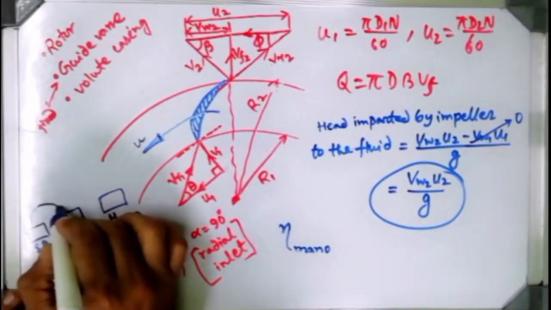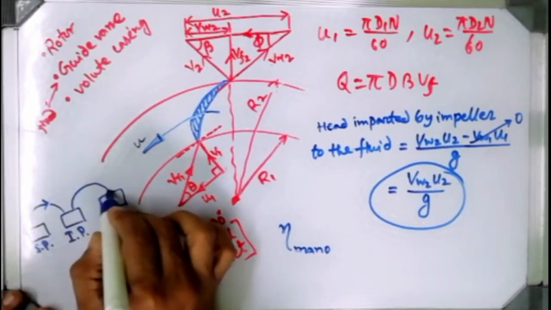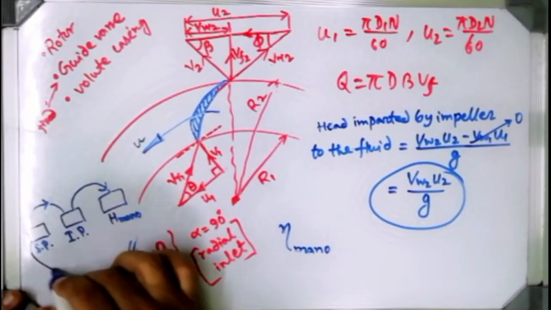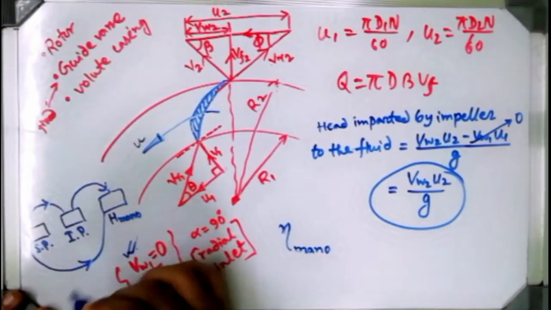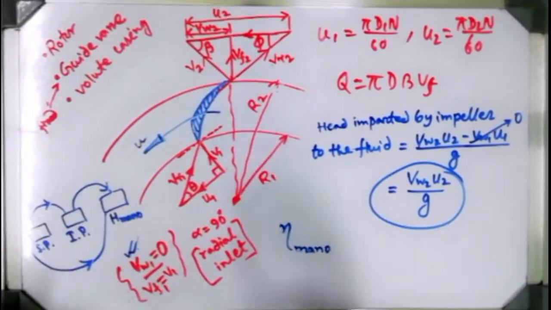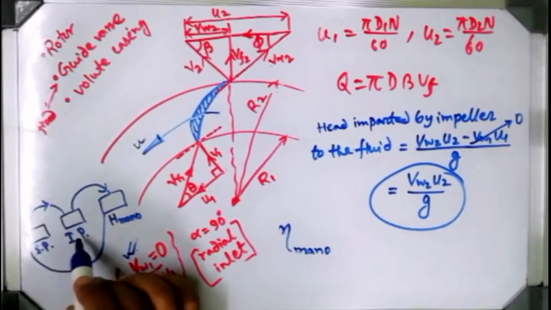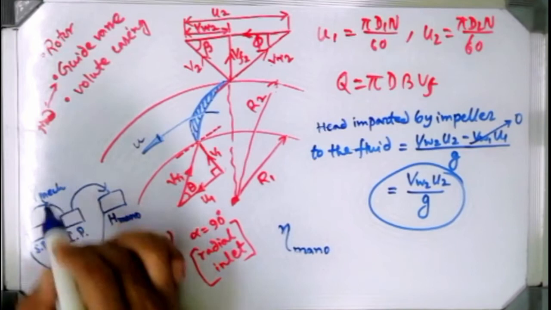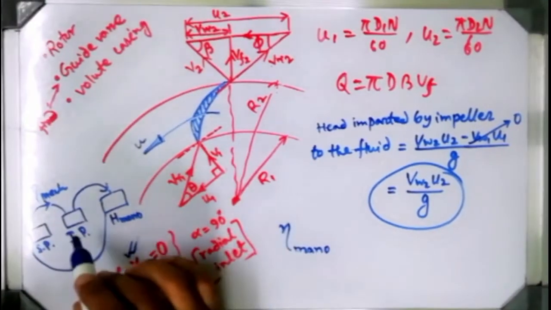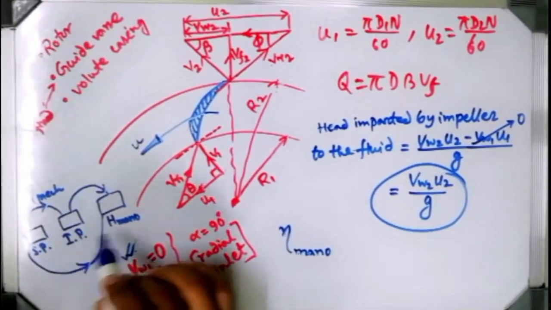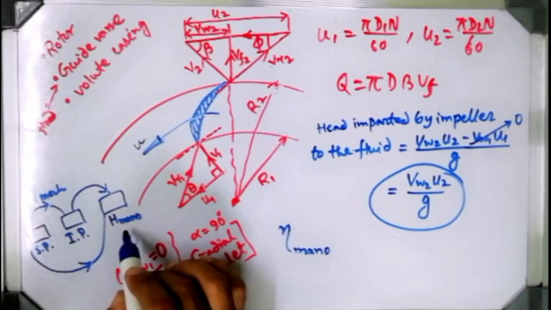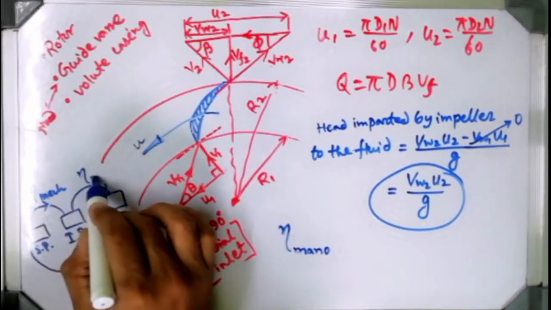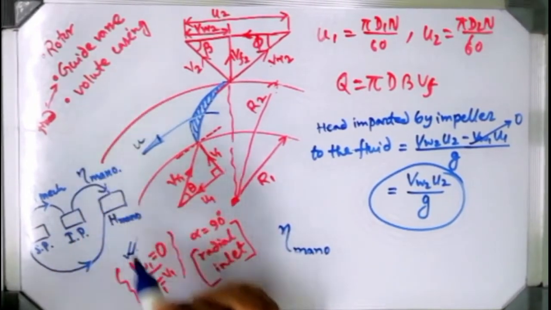If we make this kind of arrangement, you never forget, otherwise these efficiencies are very confusing. Between shaft power and impeller power, you get the mechanical efficiency. Relating impeller power to manometric head gives eta mano, the manometric efficiency.